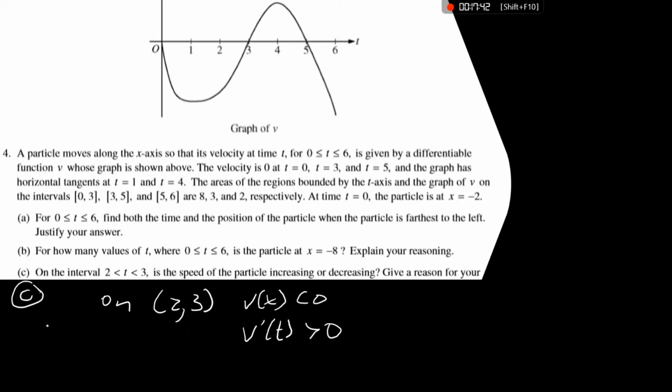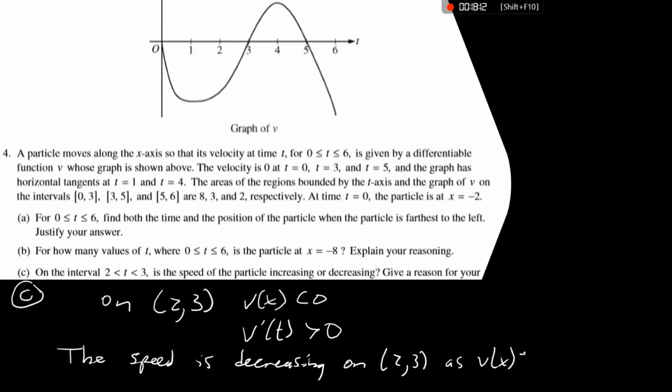Therefore the speed is decreasing on that interval, as v of t is negative and v prime of t is positive.